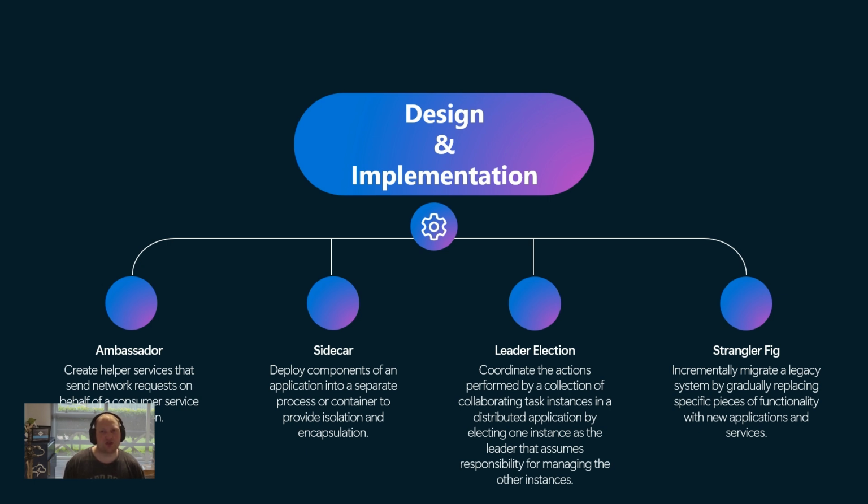This pattern involves gradually replacing specific pieces of functionality with new applications and services, thereby modernizing the system without disrupting its operation. In conclusion, adopting these patterns, ambassador, sidecar, leader election, and strangler fig, empowers us to design and implement applications that are efficient, scalable, and maintainable. By integrating these strategies, we can build resilient systems that stand the test of time.